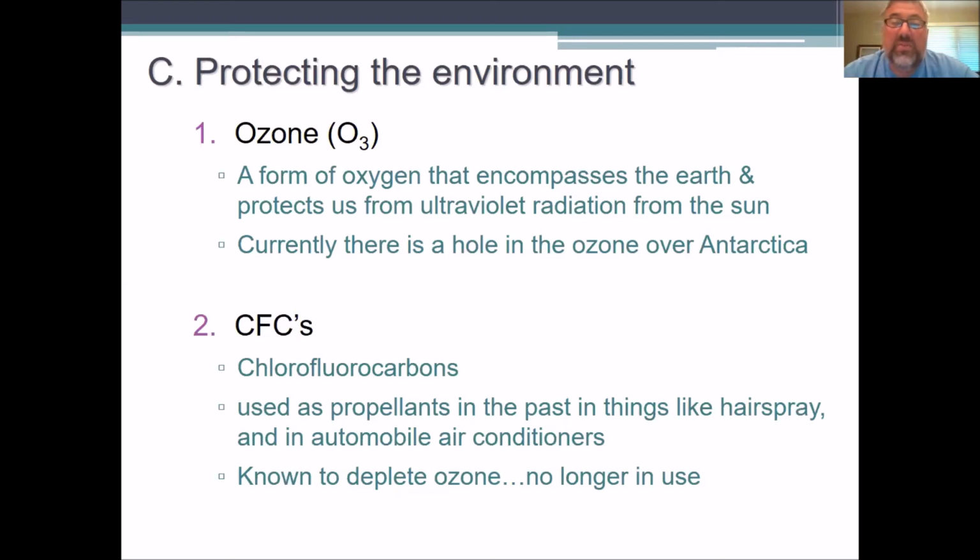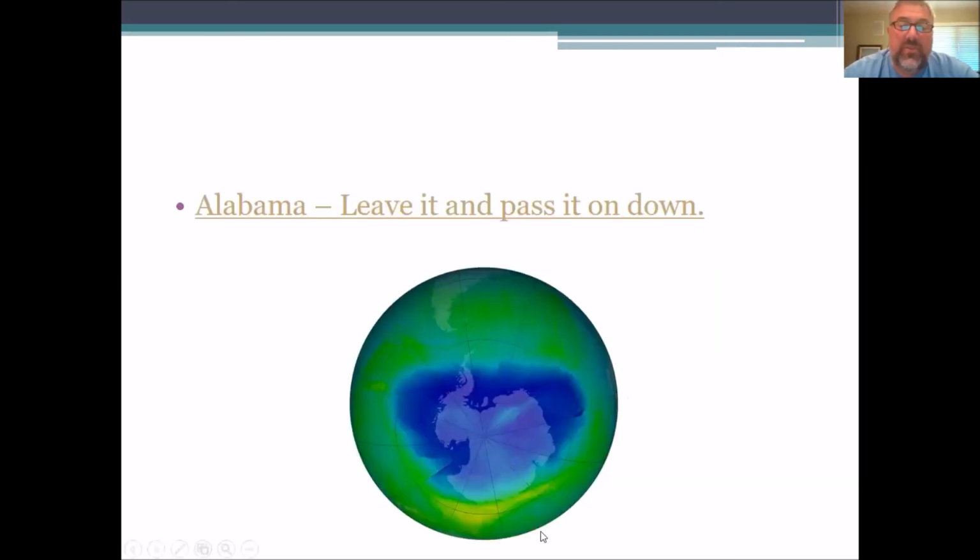But what we found out is that by doing what we're doing, the ozone layer is repairing itself. And so it's working, and what we're doing is good. Here's the hole in the ozone layer, and I believe that was about 3 or 4 years ago. It's much smaller than that right now, but it's doing well.